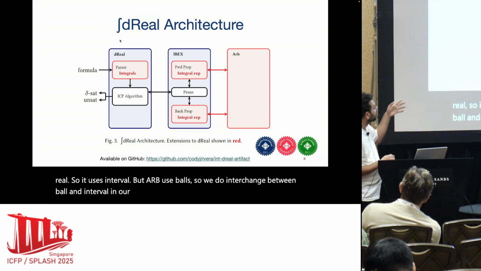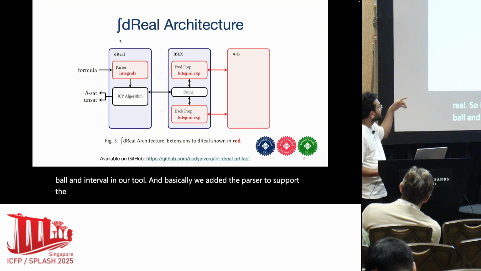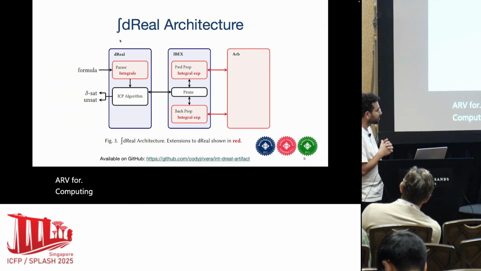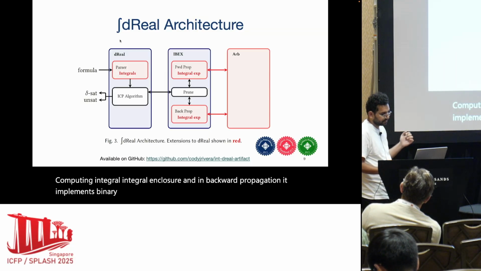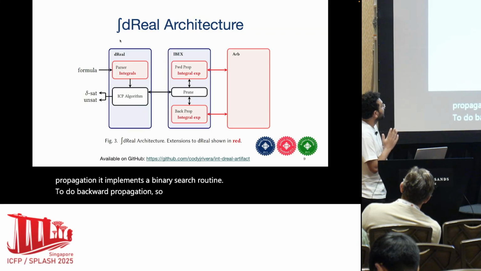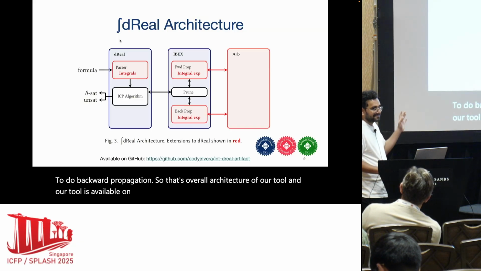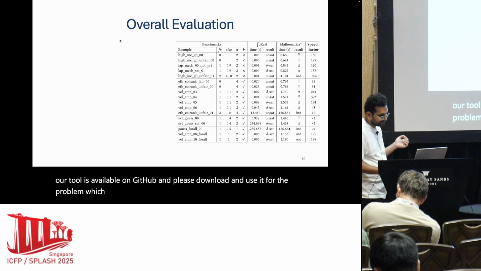We added a parser to support the logic, and in forward propagation it invokes ARB for computing the integral enclosure, and in backward propagation it implements a binary search routine. So that's the overall architecture of our tool, and it is available on GitHub, so please download and use it for problems which involve integrals.